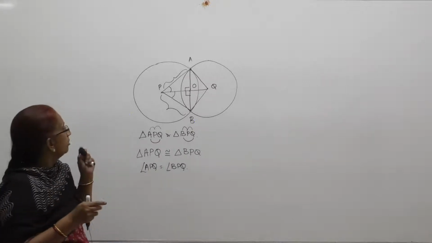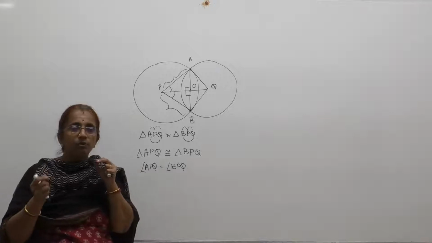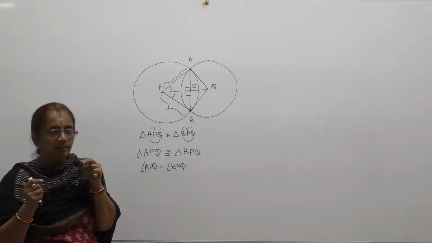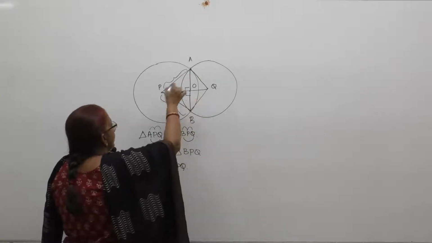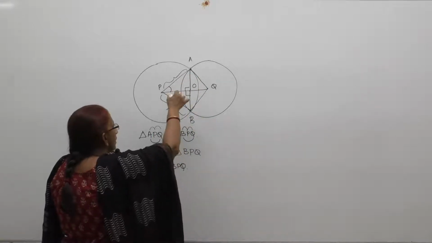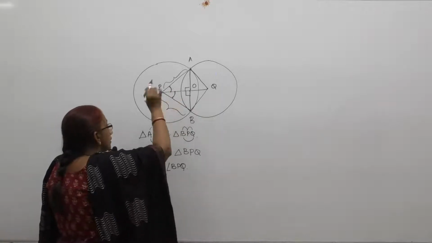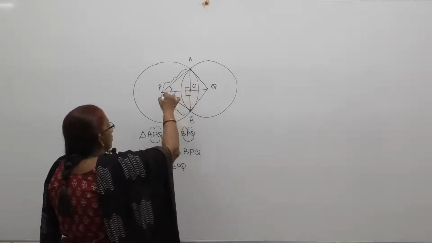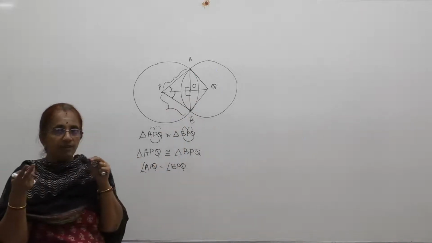With which you can prove that triangle APO is congruent to triangle BPO using SAS congruence, correct? So first you will take the triangles APQ and BPQ, prove that they are congruent, and then by CPCT you can say that these two angles are equal. Then you will consider the triangles APO and BPO, and prove that these two triangles are congruent.